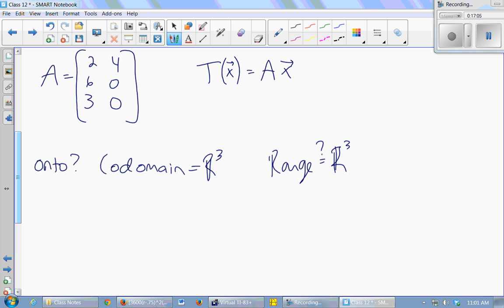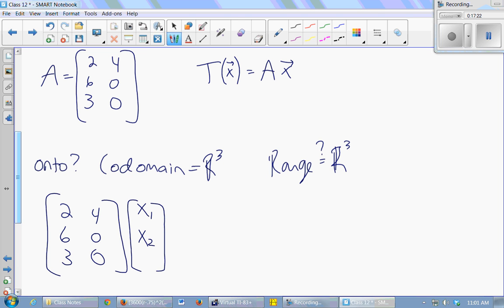So if I pick any vector in R3, like B1, B2, B3, here's my A. I want to know if I multiply by x1, x2, is there a vector in R2 that will produce any arbitrary vector in R3?